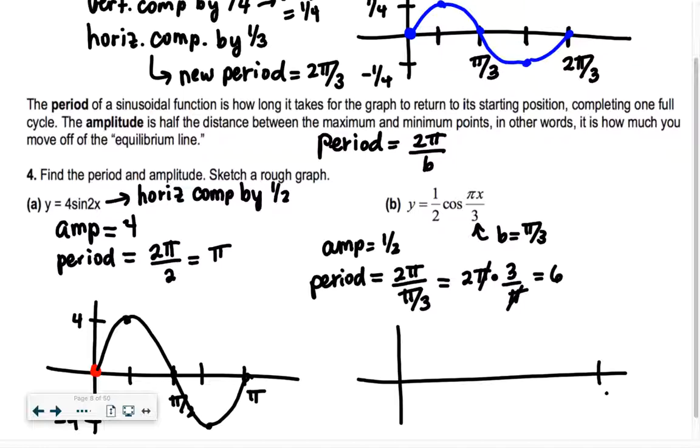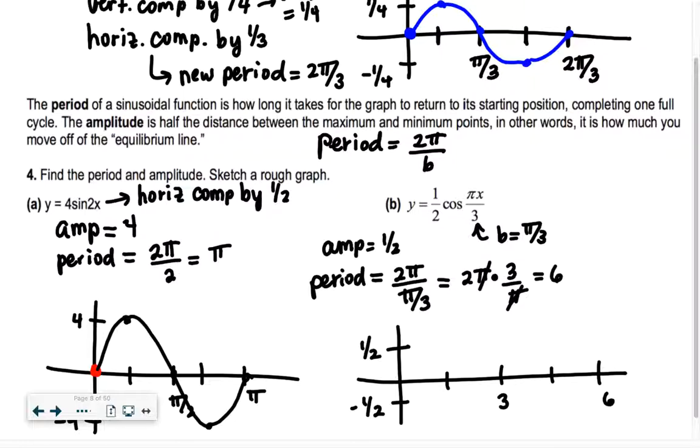So if we sketch it out, we just go out to 6. And then half of it's 3 and 1.5, 4.5. Do you guys see how I've got that? Because the pi was in there. It's kind of strange. And then we go up to a height of 1/2 and down to a height of -1/2. Okay, but be careful because this is the cosine function, so we don't start on the equilibrium line.